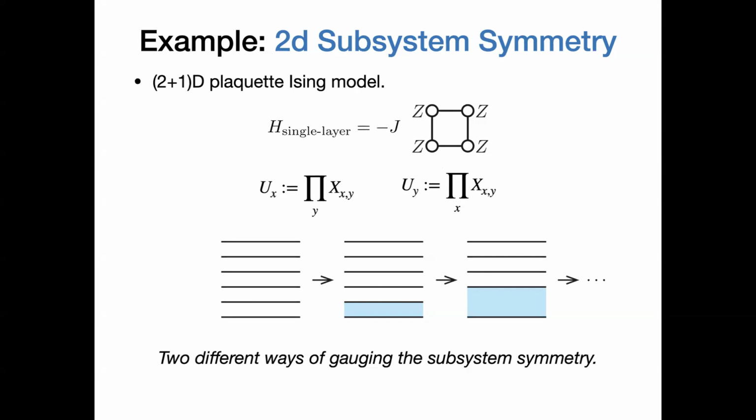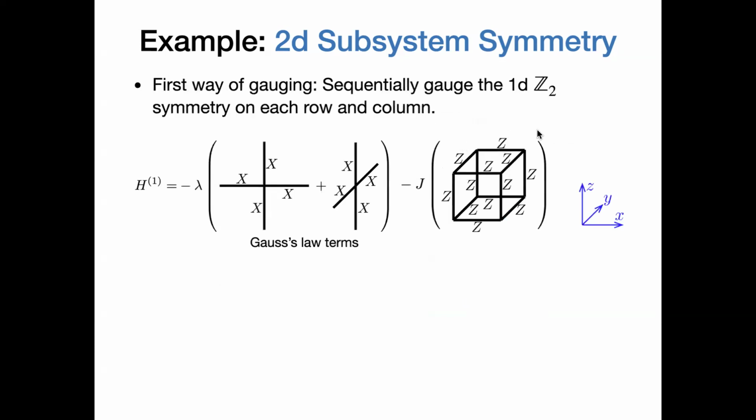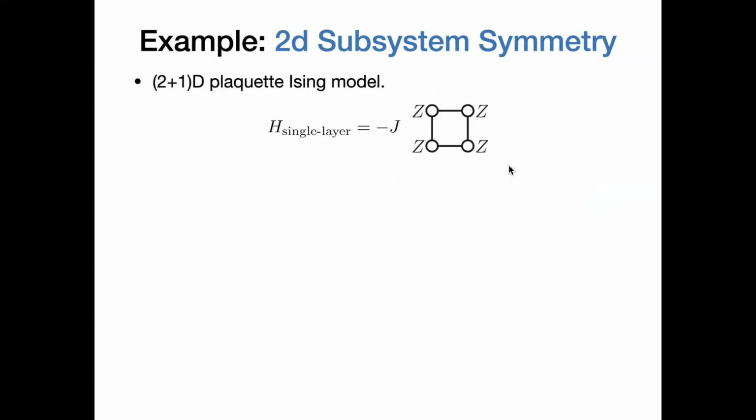So for single layer, in the second one you get the trivial, basically the self-dual transverse field Ising model. But for the first one you get toric code or something? You get toric code. Perturbed, using this Hamiltonian, you get toric code. And if you have a transverse field term, you get a perturbation.